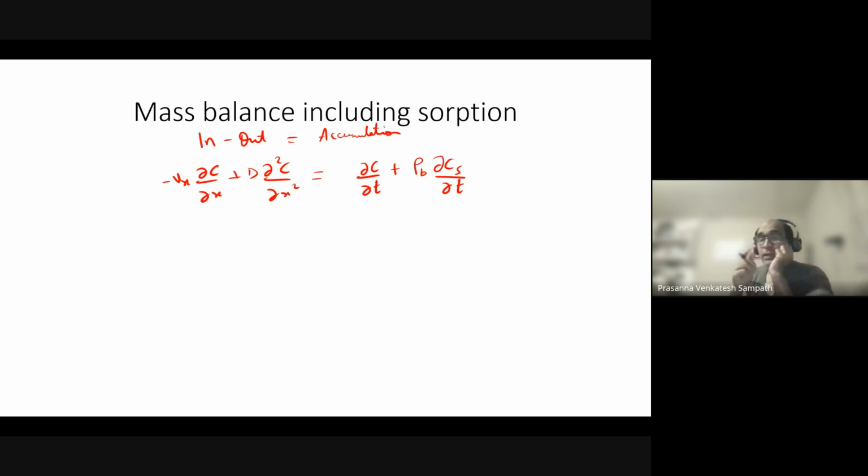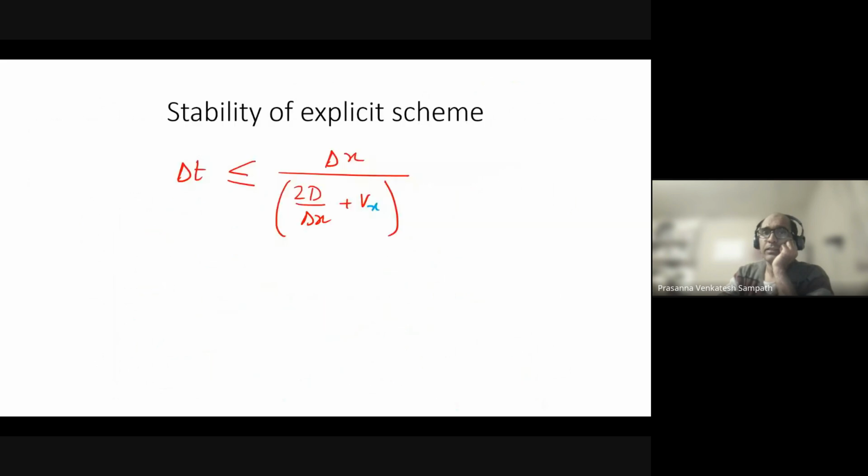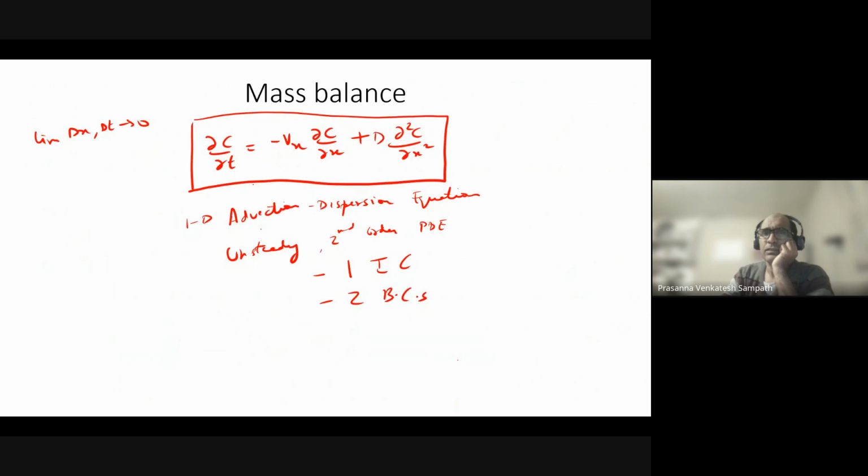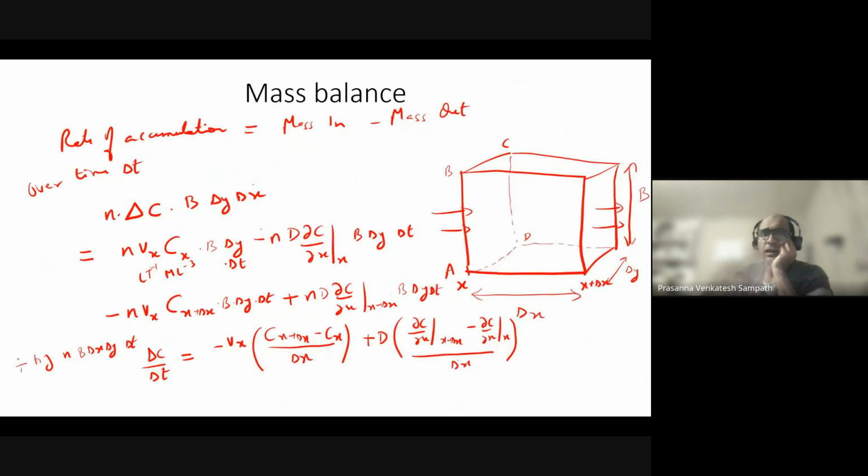Now, let me just quickly go back a few slides. If you look at this equation, you divided both sides by the porosity, right? So you had an n on both sides of the equation.